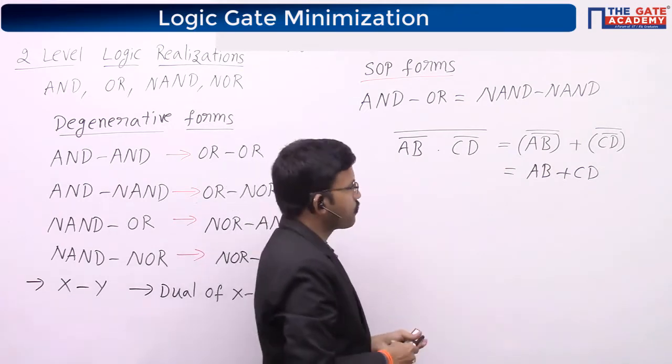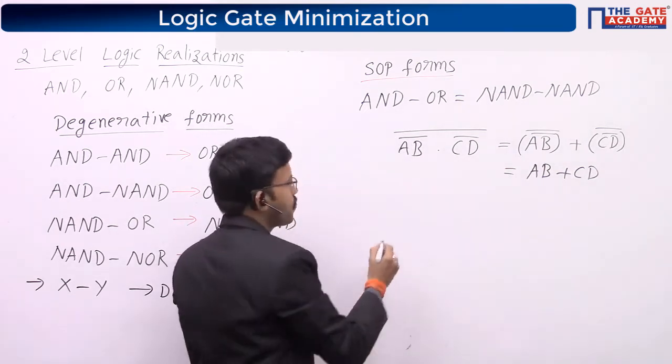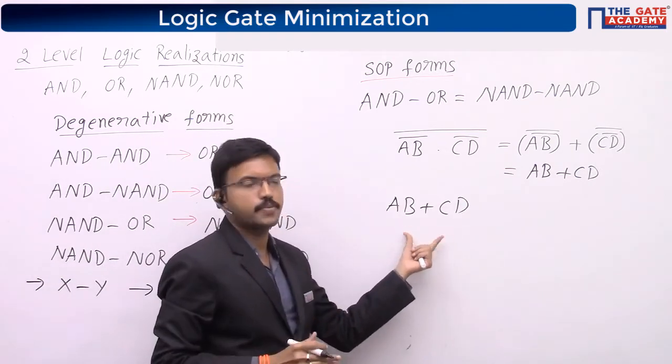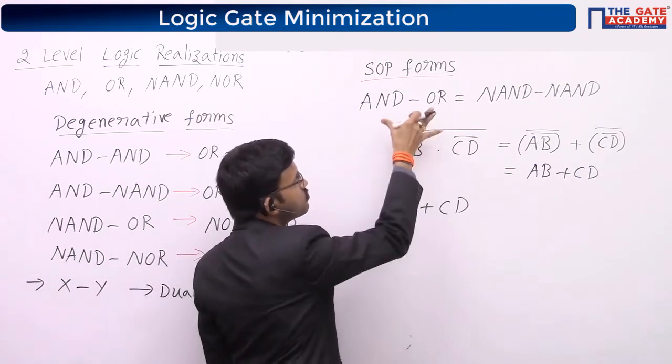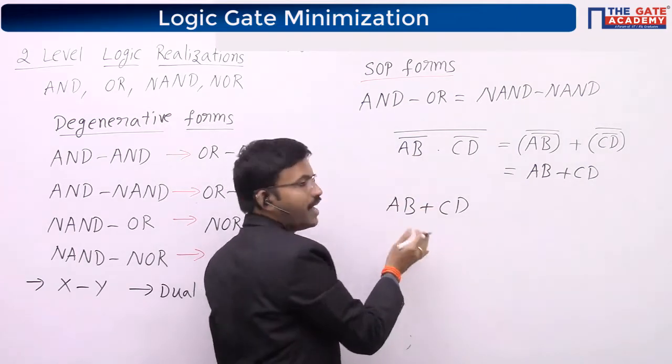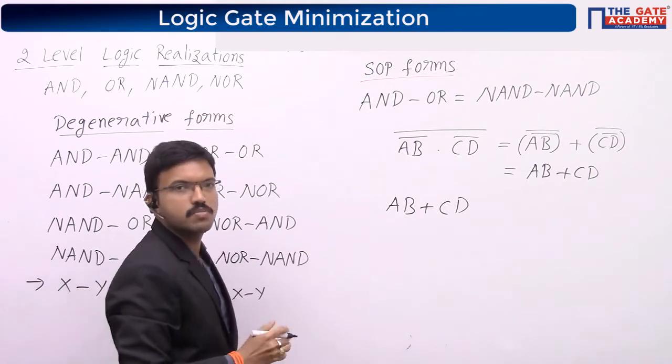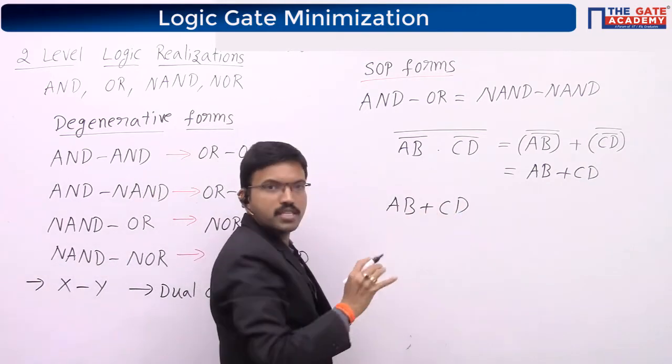Suppose I am having AB plus CD, I want to realize how we can implement AB plus CD with the help of NAND gates. Whenever you are having SOP form, like A plus B, OR gate, A plus B or SOP form, both are similar. You want to implement this particular function.